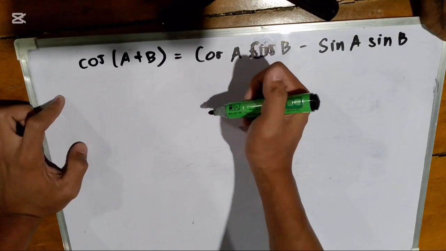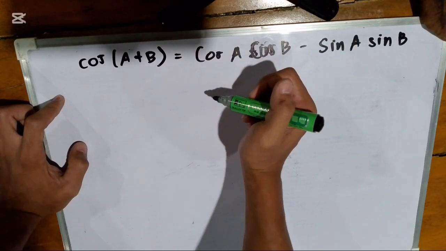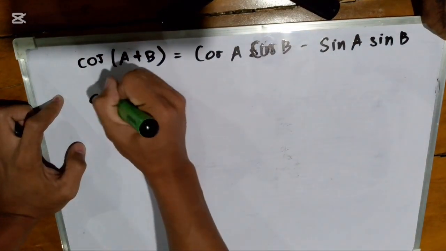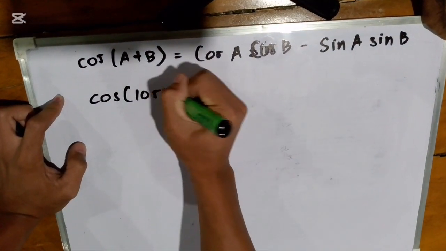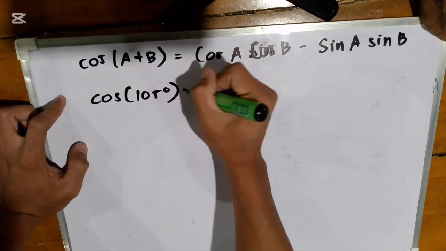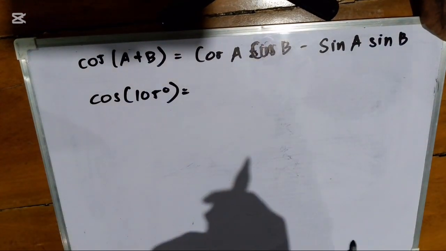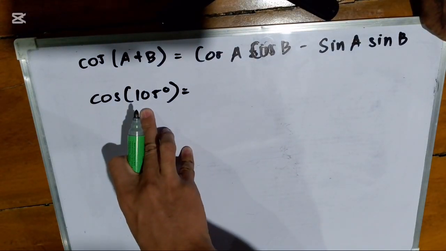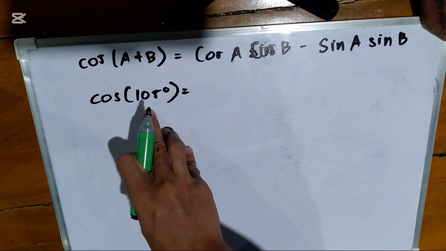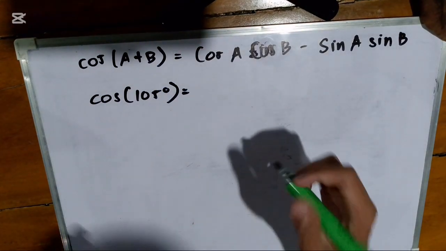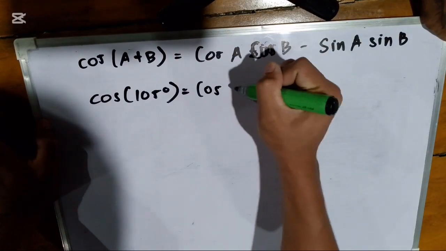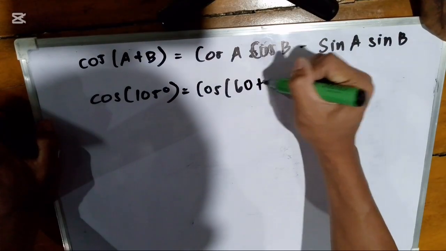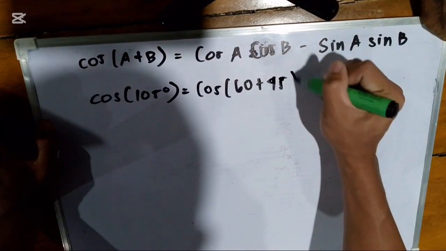And the example we will be using is cos 105 degrees. Now let's find the two common values in the unit circle to equal these degrees, and that would be cos (60 plus 45 degrees).